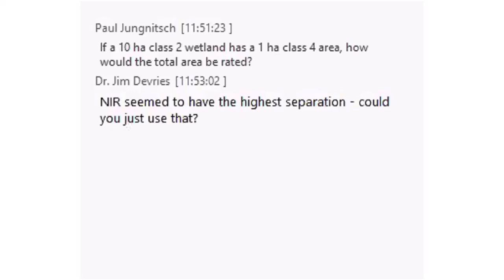NIR seems to have the highest separation. Could you just use that? Yeah, you could, but with the decision tree within random forest, if a band is of little consequence in terms of correctly identifying or making that split between classes, its influence is minimized.